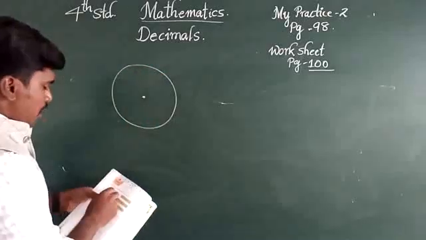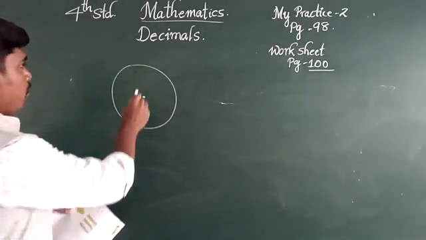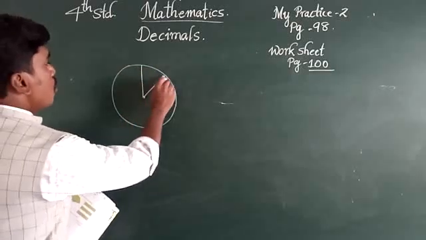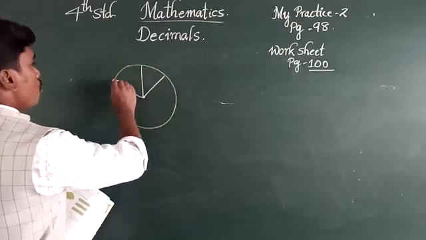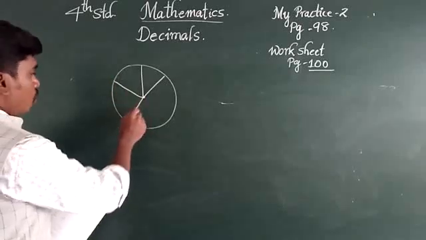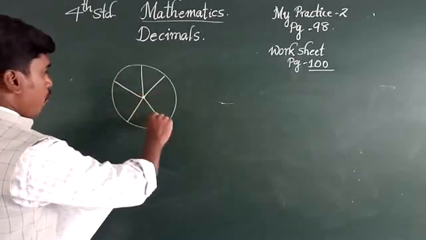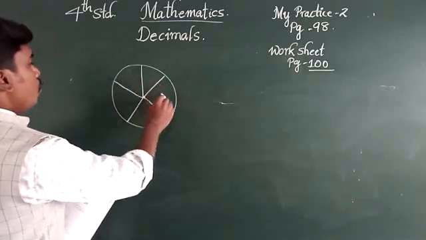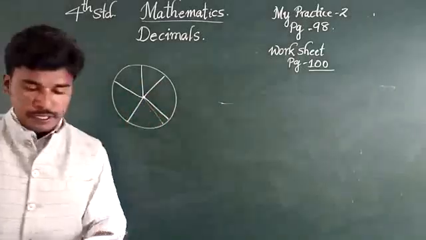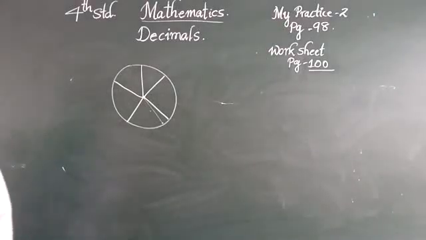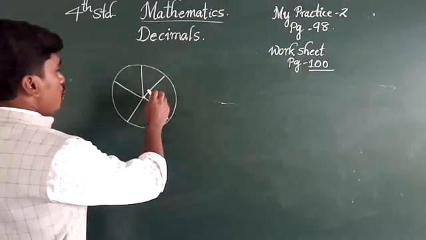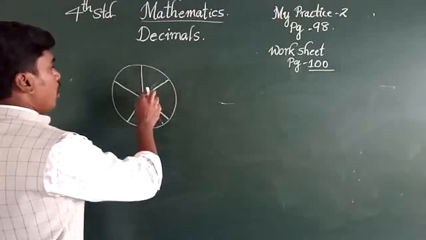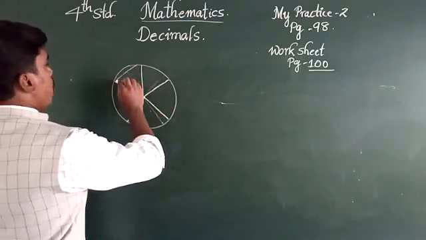How many parts has it made? 1, 2, 3, 4, 5. 5 parts they have made. Out of these 5 parts, 2 parts are shaded.